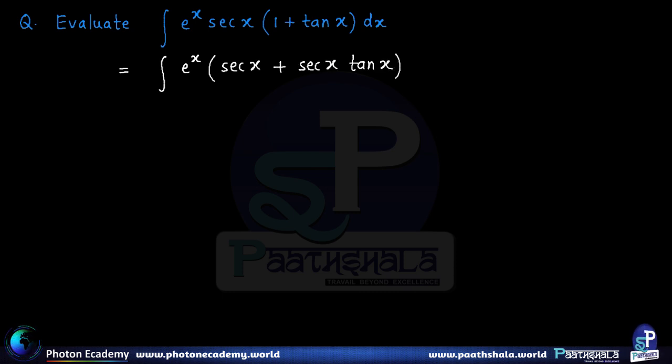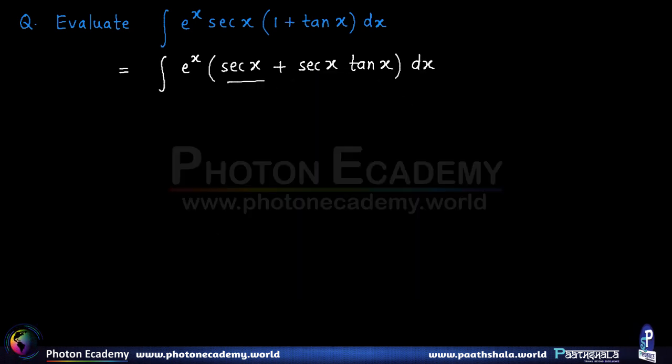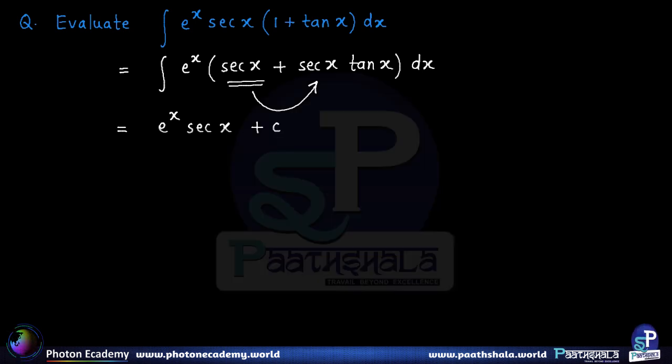And now the pattern becomes immediately apparent: if we call sec x as the function, then its derivative is nothing but sec x into tan x, which is automatically present. So therefore the answer of this is e raised to x into sec x plus c. So that's the way we use this particular form.